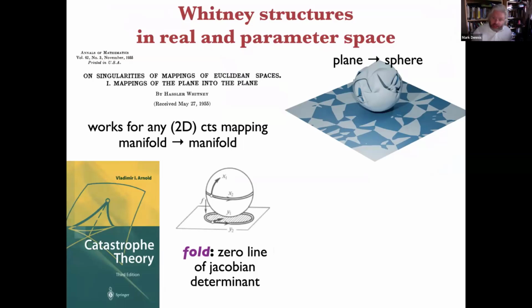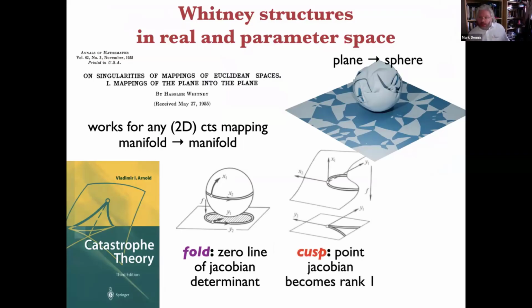So the basic catastrophe, as Arnold and others have classified it, René Thom and so on, the basic catastrophe is a fold, and that's a codimension 1 singularity, so it looks like a line in 2D, or it'd be a surface in 3D, and a cusp is a point in 2D and a line in 3D.